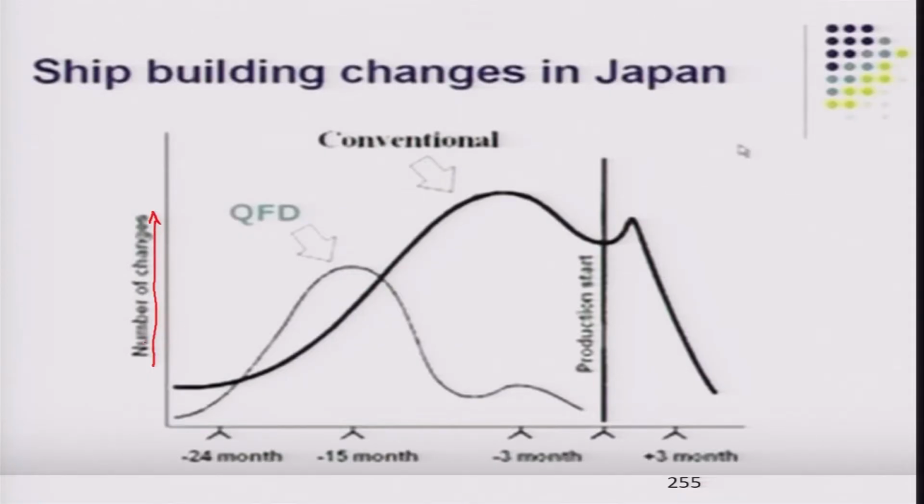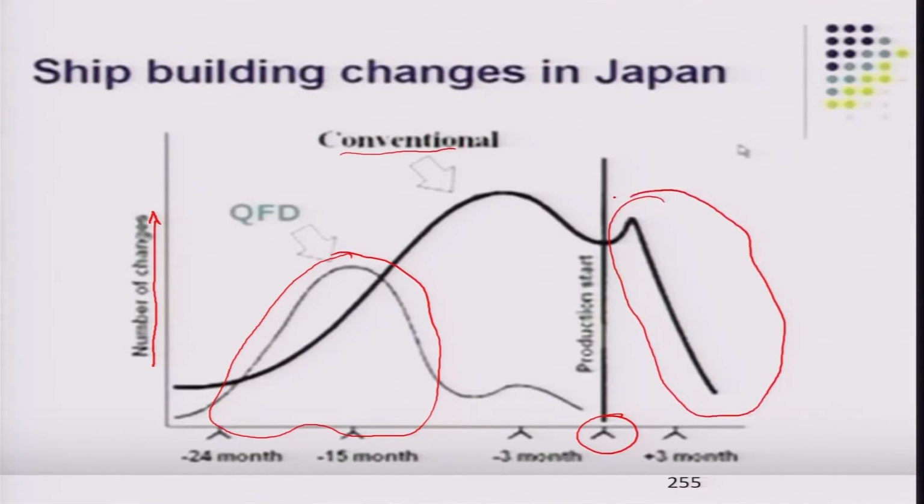The y-axis shows the number of changes, and if the number of changes is high at the very beginning, during the product development process prior to production, you always end up with a timely schedule for the start date and subsequent production. Whereas if you don't do QFD and go in a conventional manner, there are production delays and post-production problems, and a number of changes go way into post-production stages, which are always hard to do.